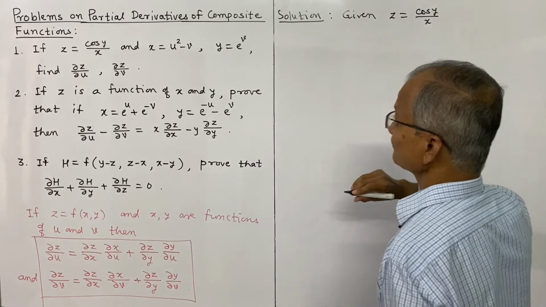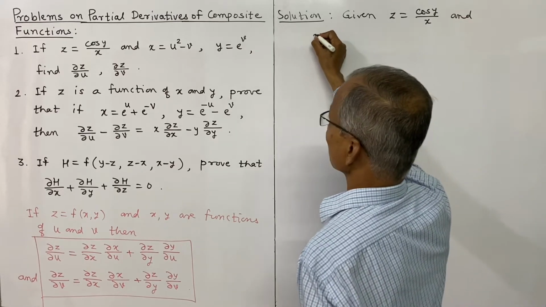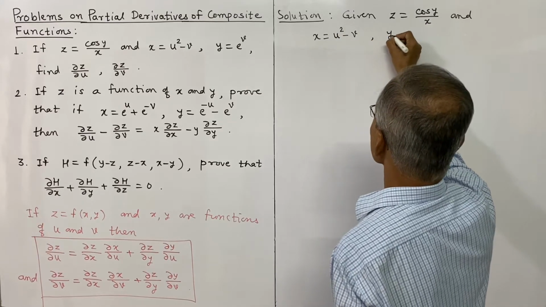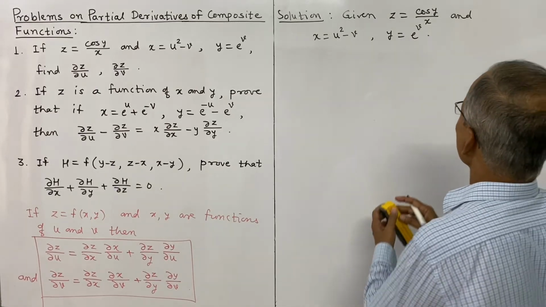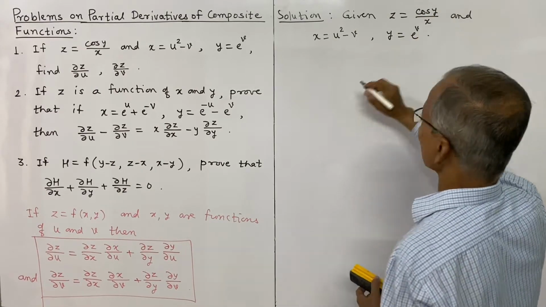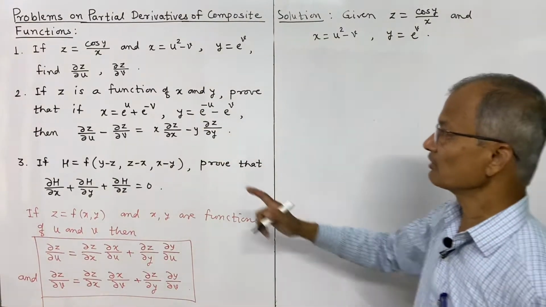And further, x is equal to u square minus v, and y is e to the power v. So that is given, and we are asked to find the partial derivative of z with respect to u and the partial derivative of z with respect to v.